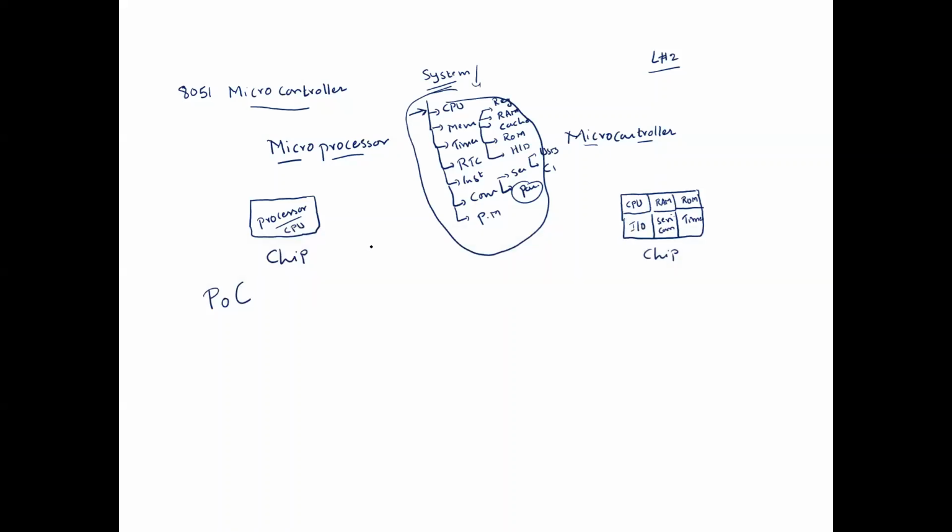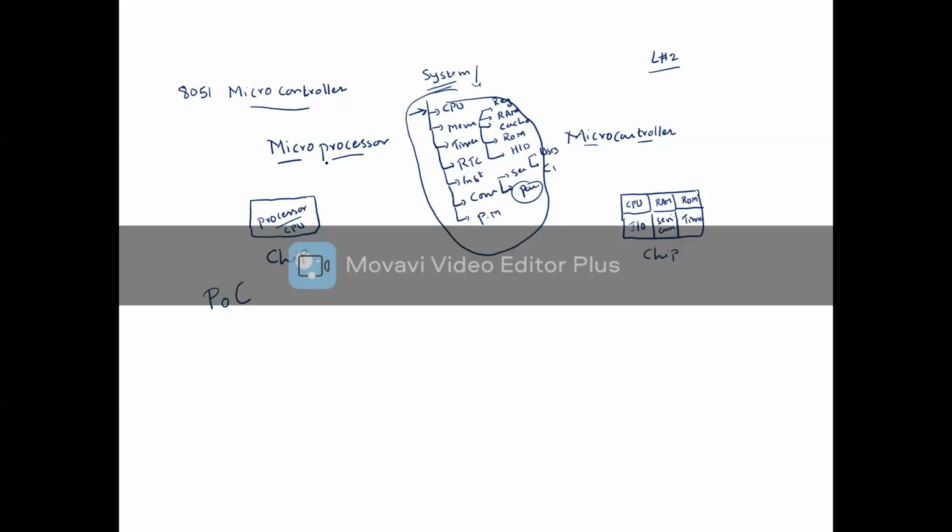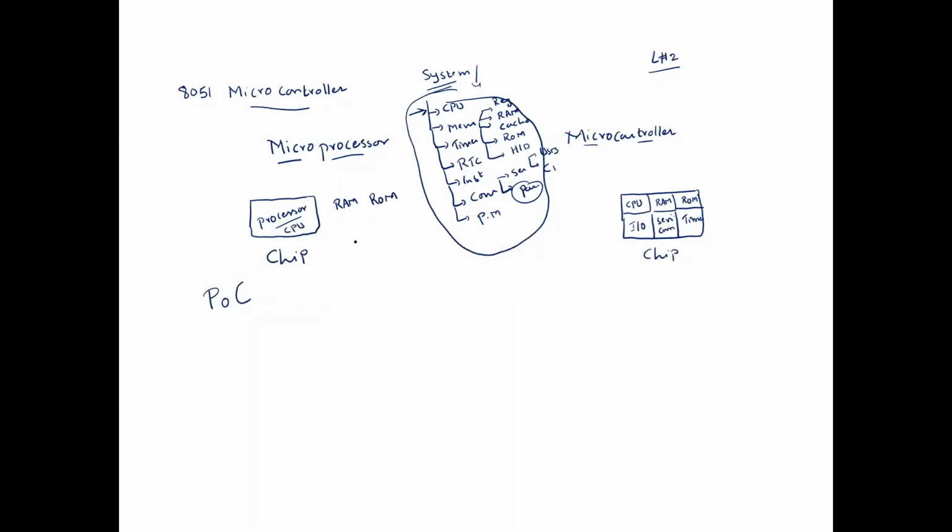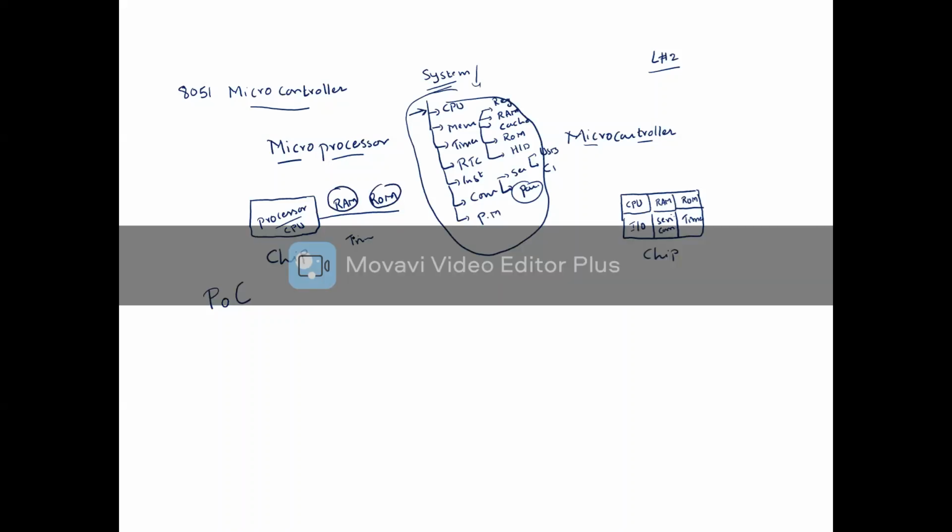Unlike the microprocessor, where we have only the CPU in the chip, if we want to make a complete system using a microprocessor, you need to connect your RAM, ROM, IO ports, and timers. Everything will be outside the chip, so all this becomes a kind of peripheral.